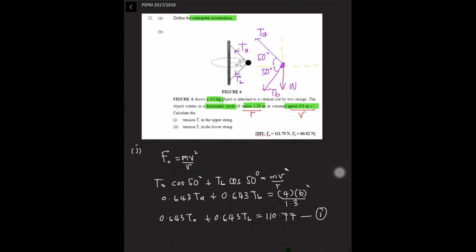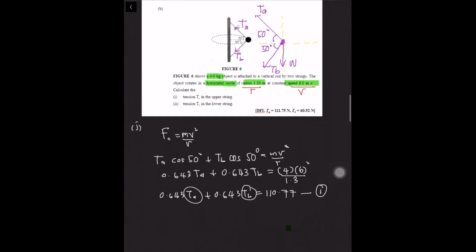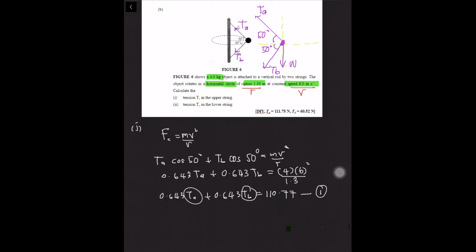We cannot solve this problem yet because we have two unknowns, TA and TB. So we have to find another equation from the summation of Fy. The summation of Fy is equal to 0.